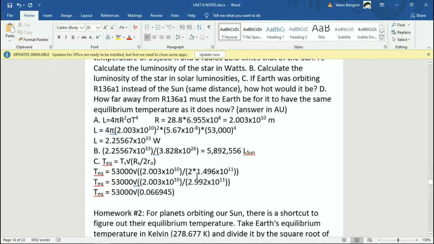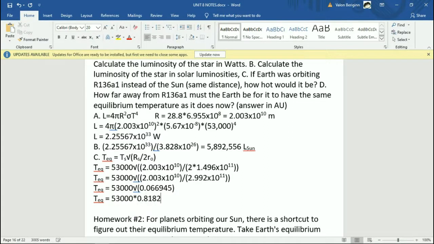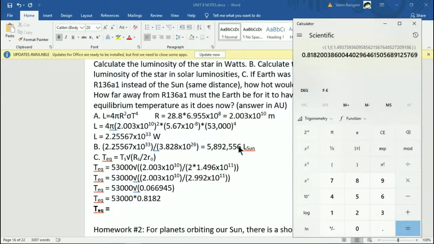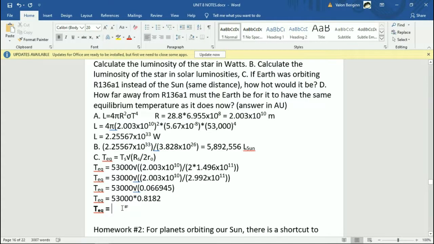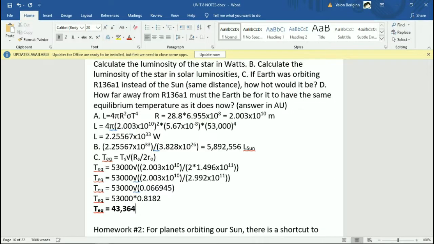8182. And so we'd get that the Earth would be at this temperature: 43,364.62 Kelvin.